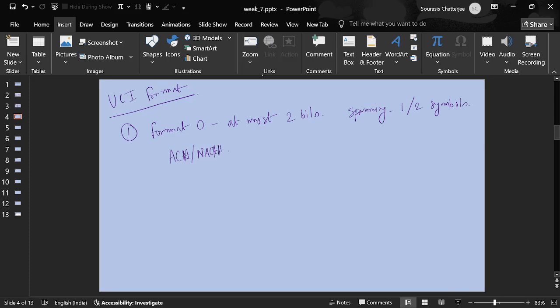While transmitting this ACK or NACK, or to be more general, format 0, do you use LDPC coding or polar coding or something else?